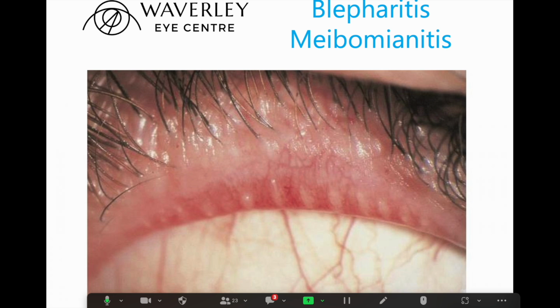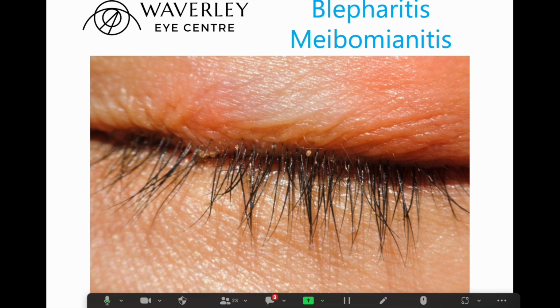You can see these little white spots, which are the openings of the Meibomian glands. These are blocked, inflamed Meibomian glands, causing issues with dryness and irritation. Here you can see little flakes and debris at the base of the lashes. This is blepharitis.